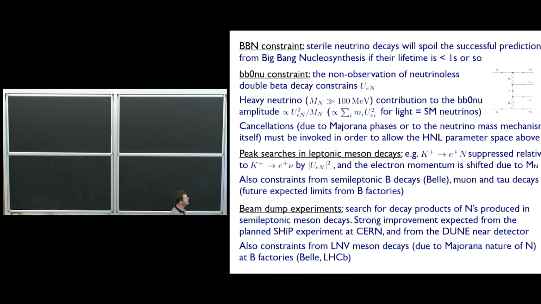So where does this limit come from? While light neutrinos contribute to the neutrinoless double beta decay amplitude as the sum over i of m_i U_ei squared, in the case of heavy neutrinos with mass larger than 100 MeV, the typical momentum of the nucleon inside the nucleus, the amplitude is proportional to the mixing with the electron flavor, U_eN squared, divided by M_N.